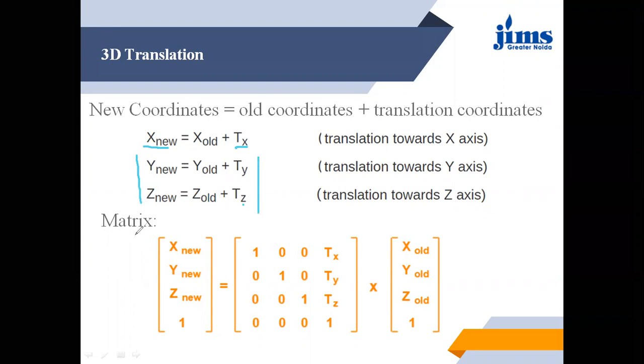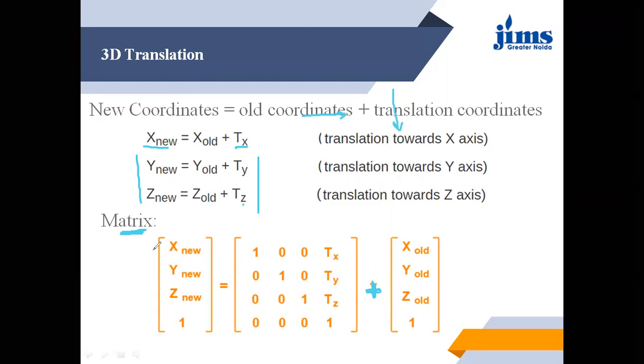When we want to represent this in matrix form, it should be plus. It's by mistake, it should be plus. As I told you, we can represent the coordinates either in a row matrix or in a column matrix.